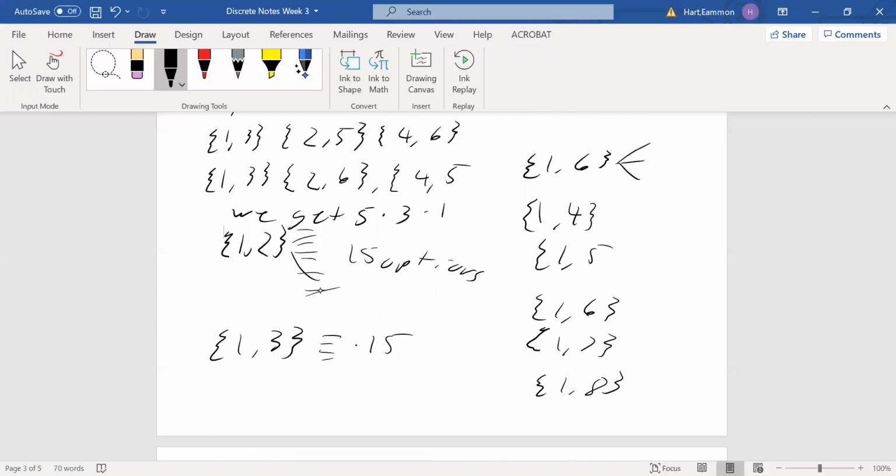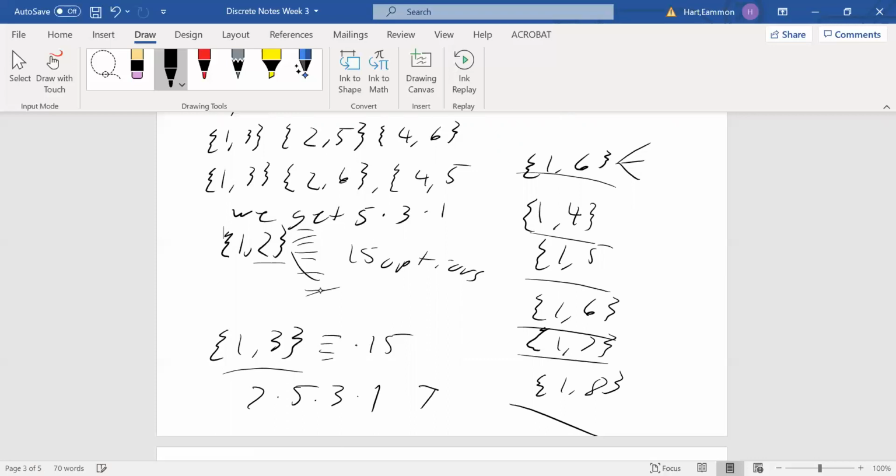So how many different options are we going to have? 1, 2, 3, 4, 5, 6, 7. And that's because I have 8 things in my list, and then I have 1 paired with each of them. Because I can't double up on 1, I only have 7 objects left. So that means I have 7 times 5 times 3 times 1.